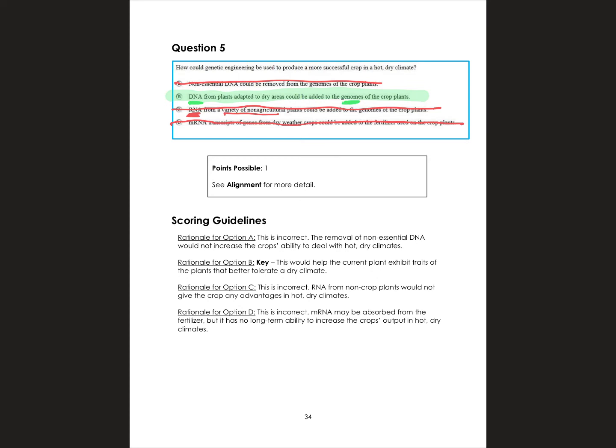And genome, remember, is the DNA of the plant. The other one does mention DNA, but it says non-essential DNA, and it says removed from crop plants. How is that helping? Right. So really, I hope you find that this one is pretty clearly B. And the answer's here, by the way, as you can see.